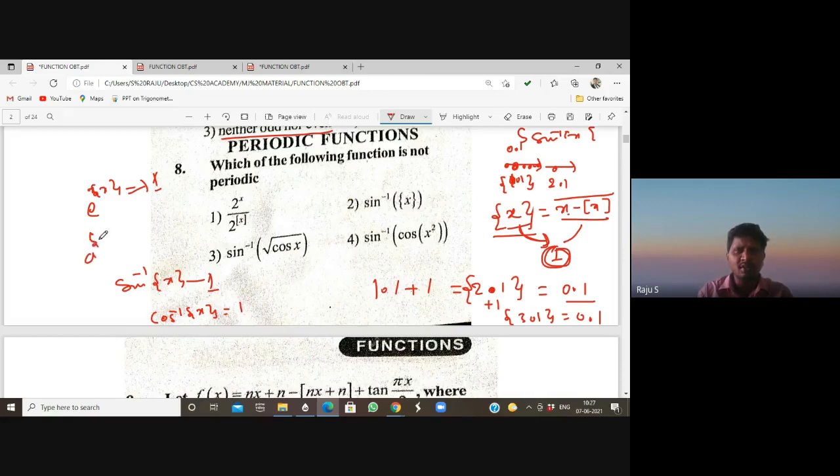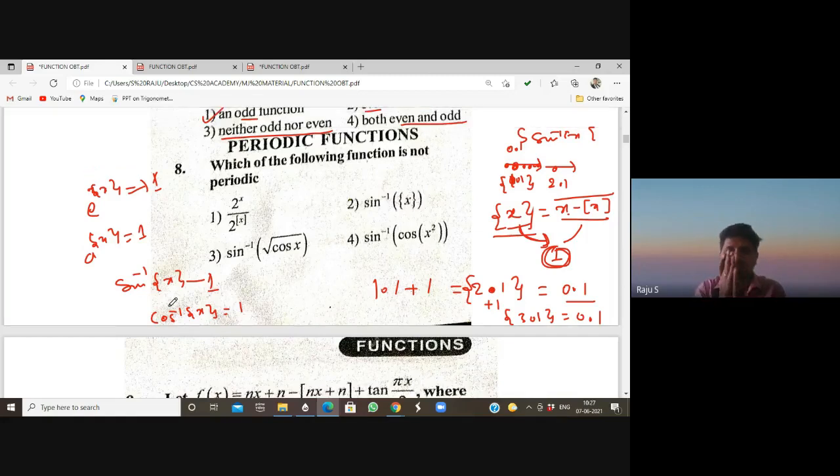A power fractional part is also 1. When the fractional part's periodicity is 1, then sine inverse of the fractional part is 1, exponential of the fractional part is 1, everything will be the same. Clear, students?